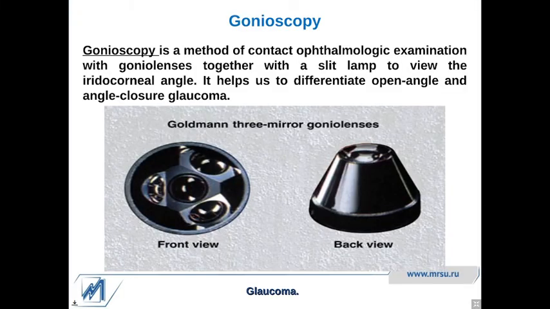The next method is gonioscopy. Gonioscopy is a method of contact ophthalmological examination with gonio lenses together with a slit lamp to view the iridocorneal angle. It helps us to differentiate open angle and angle closure glaucoma.